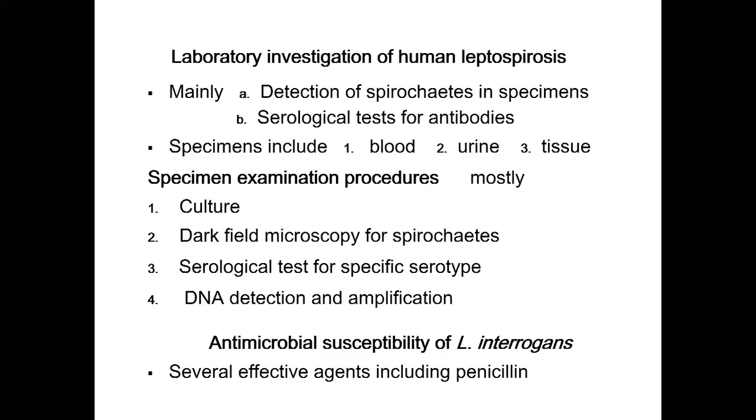And they could target the animals that could be potential sources of the infection. They could also target the person, if they can wear some protective gear, clothing or boots, or be made aware that there's such a thing and they need to protect their skin from getting into contact with that soil or water in the area where they work.